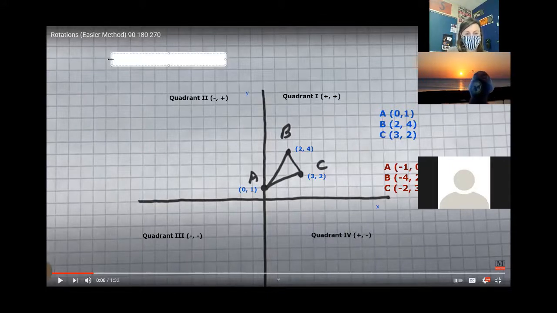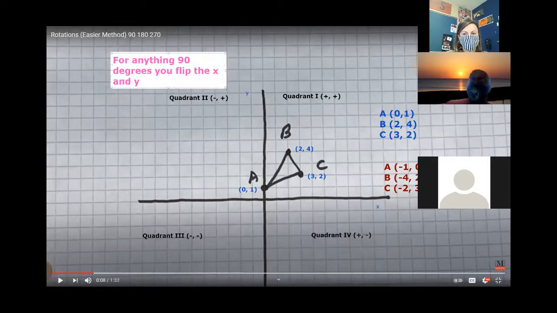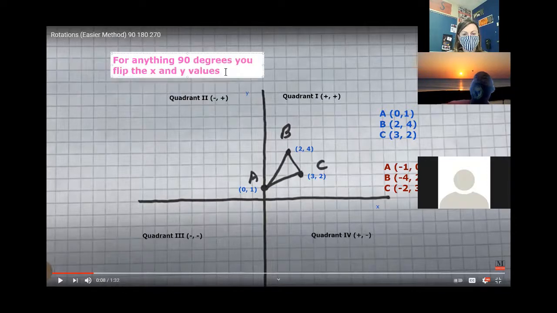For anything 90 degrees, you flip the X and Y values, whether it's 90 degrees clockwise or counterclockwise.